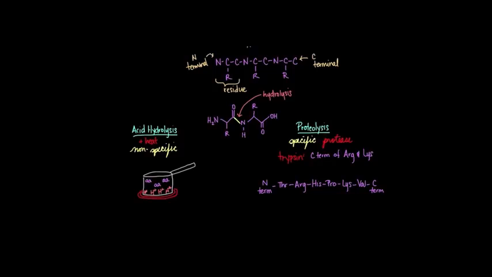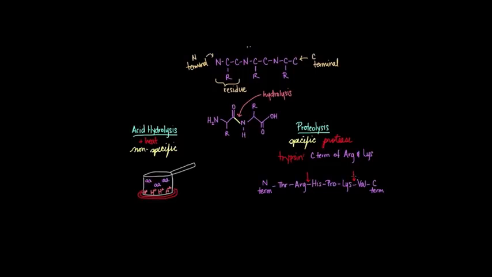Well, remember that trypsin cleaves on the C terminus of arginine and lysine. So here we have an arginine, and this would be considered the C terminal of arginine since it's closest to the C terminal of the polypeptide chain. So we would get cleavage here. And then likewise, we would have cleavage on the C terminal of this lysine residue here. And so with this particular polypeptide chain, you would end up with 3 different fragments after the addition of trypsin, since it cleaves in these very specific places.